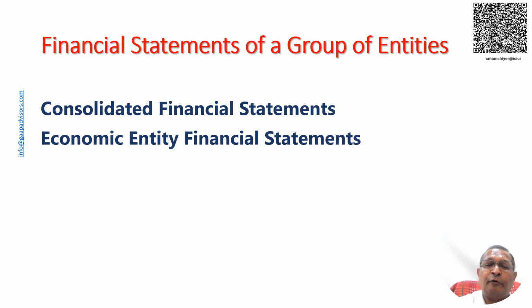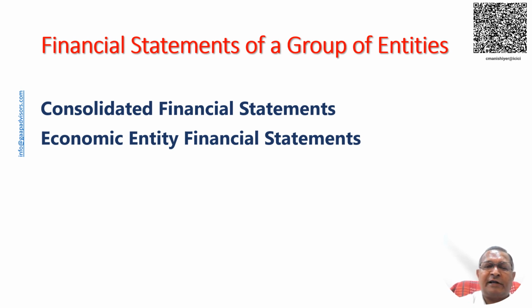Financial statements of a group of entities are called consolidated financial statements. Ind AS 110, Consolidated Financial Statements, defines group as parent and subsidiary. Thus, the term group does not include joint venture and associate. Accordingly, when a company that does not have a subsidiary but has a joint venture or associate prepares financial statements as a single economic entity, those financial statements technically cannot be called consolidated financial statements.